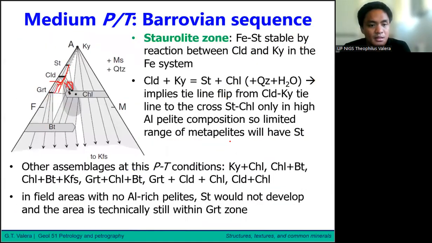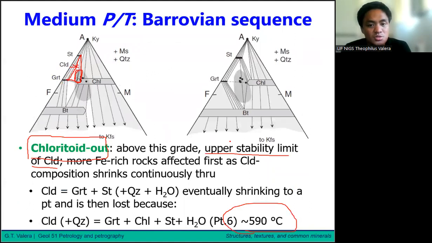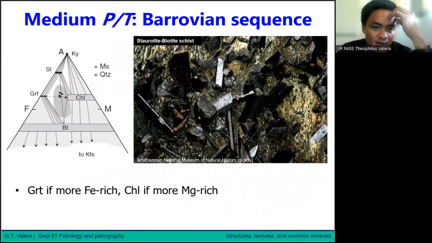Yon. Ano pa? Ang isa pang gusto kong i-point out is the same thing as the one before. Ipakita ko lang ulit, ito nga yung kanina natin dinidiscuss pa, yung garnet-chlorite curve. Garnet and chlorite react to form a new tie line, staurolite plus biotite. Yan. So this is the staurolite-biotite schist.